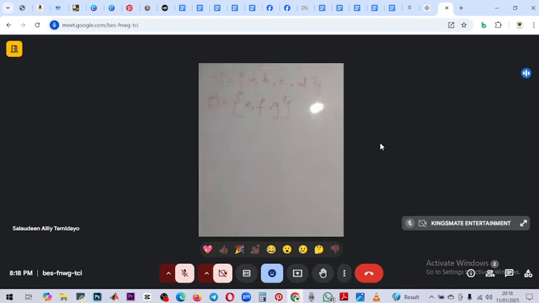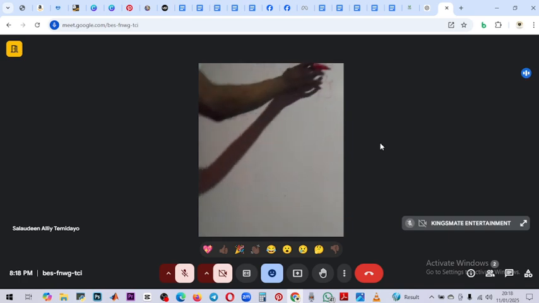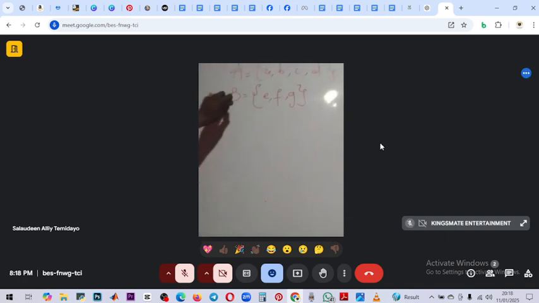So set A cross B now, your order is very, very important in this case. Set A cross B is written this way. That is the product of A and B, the Cartesian product of set A and set B. I'm multiplying set A by set B. I'm going to create a set that is having some other set in it.